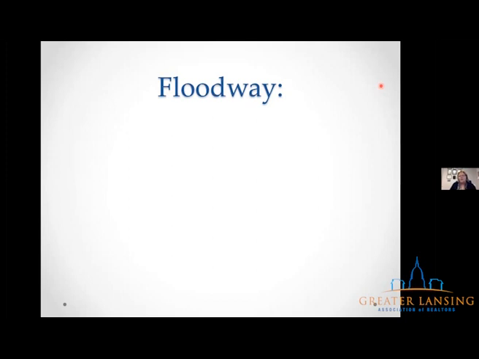So that being said, it's important to understand that a floodway is actually an area along a river, creek, stream, or drain where the water is flowing, and from the thread of that river outward, when it floods, the water will spill over the banks. It'll inundate the ground around houses and structures, and somewhere from the thread outward is this area of moving water.